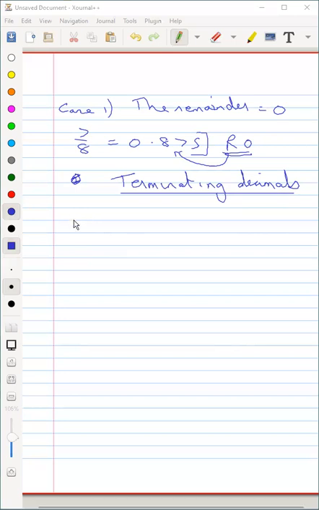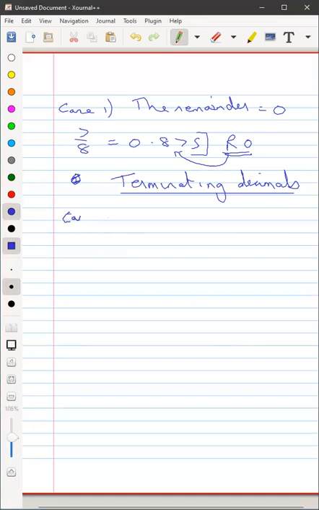Then another case is when the remainder is not equal to 0. For example, in 10 by 3, we saw that it is 3.333 recurring, and the remainder was 1.